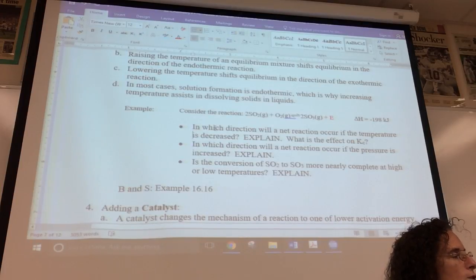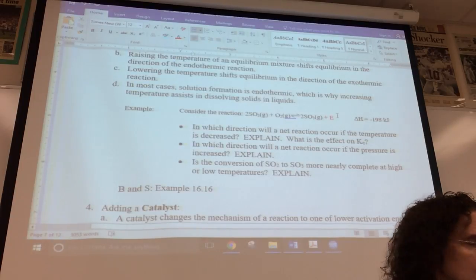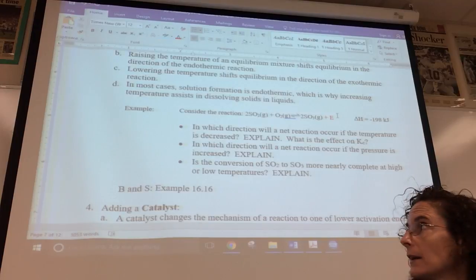It says, in which direction will a net reaction occur if the temperature is decreased? If you decrease temperature, equilibrium shifts in the forward direction to replace the heat lost. Now the effect we've got to hit, because that's not something you may see.